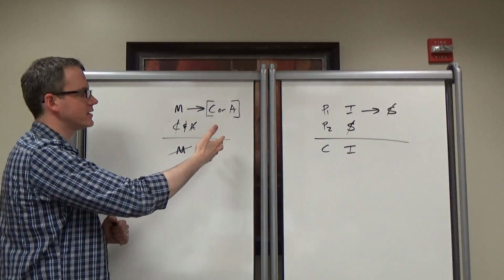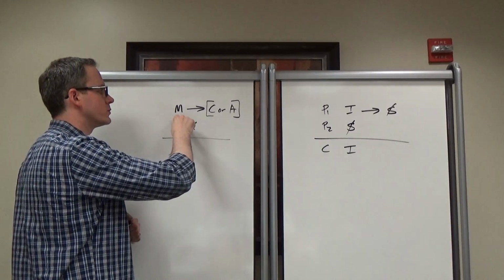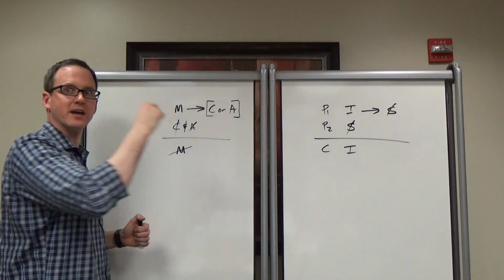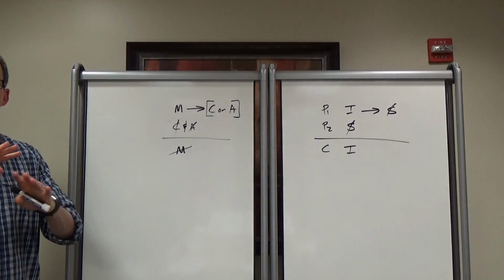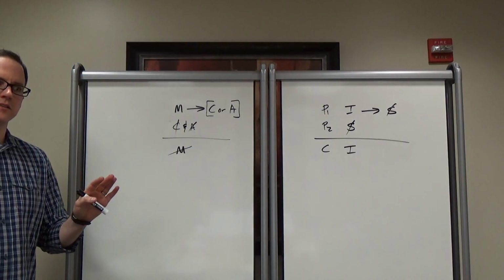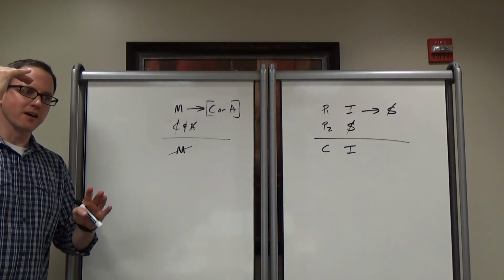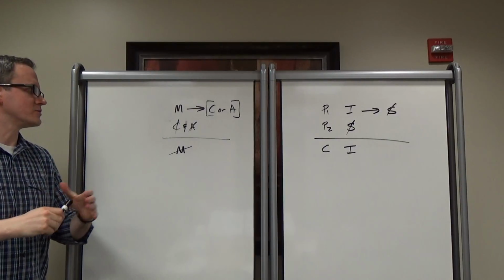But a lot of times people read sentences like this in parallel reasoning. They say if M, then C or A, and as soon as they see or, they're like, "Oh, this is dead wrong." That's putting the or way up on the hierarchy.